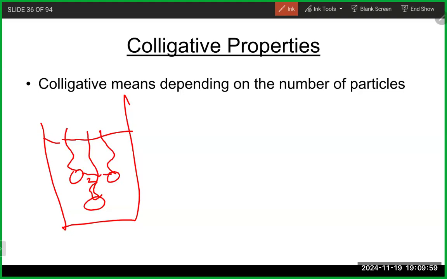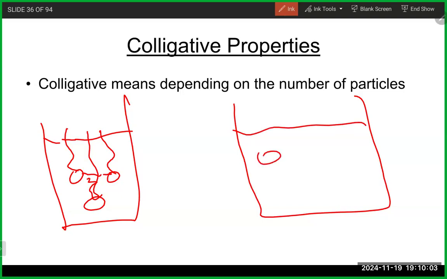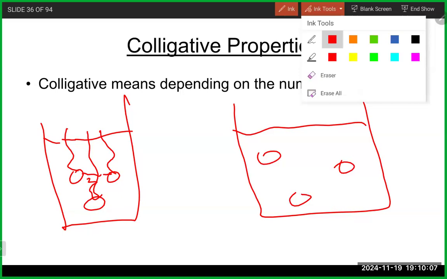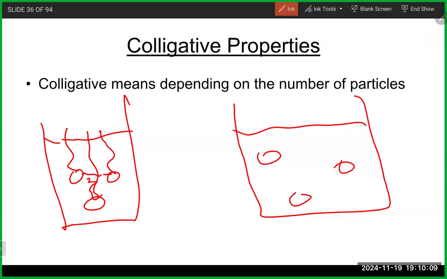Now, the idea of colligative properties is you have this solvent in there, but you decided to dissolve some solute in it, some other particles. So now you have some other particles dissolved in there with your solvent.